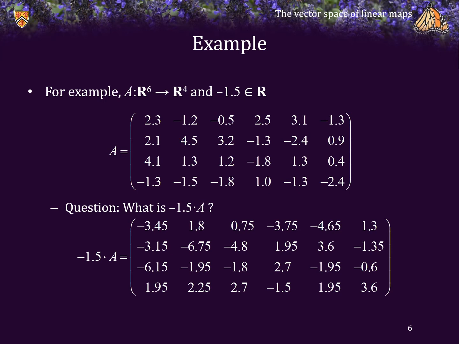Thus, we can either multiply the vector u by this new matrix, or we can multiply the vector u by the original matrix A and then multiply that resulting vector by negative 1.5, and you'll get the same answer.